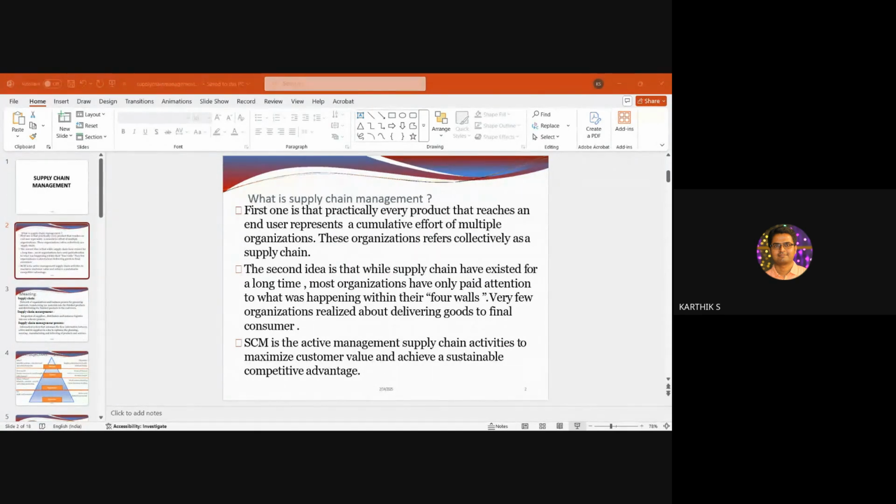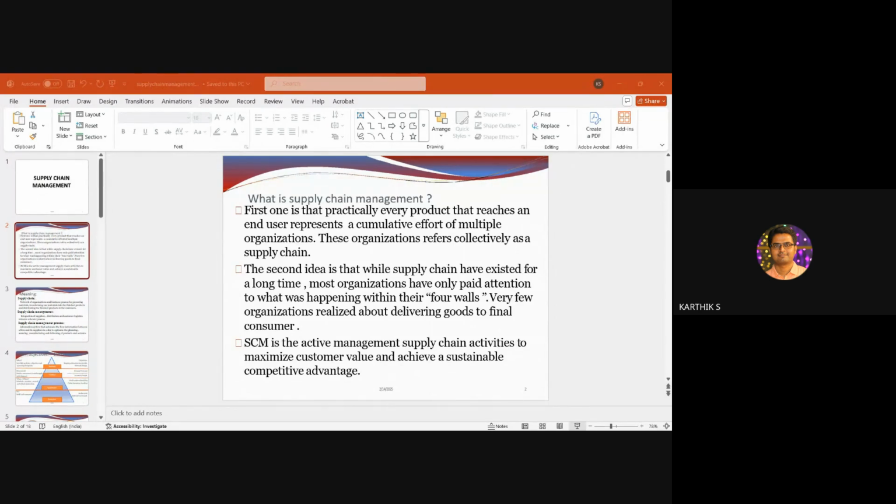So what happens is that if you look at these four walls, like we say in our state, if anything happens within those four walls, that will not be realized or potentially known to other departments or other sectors.